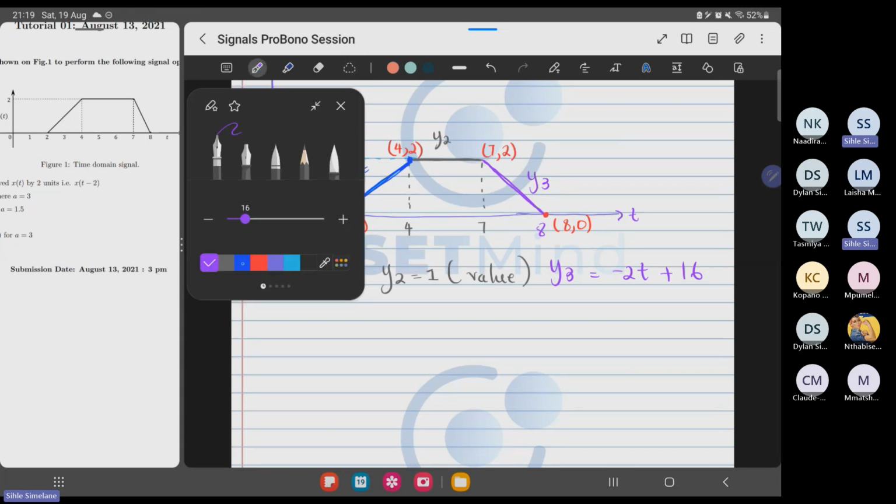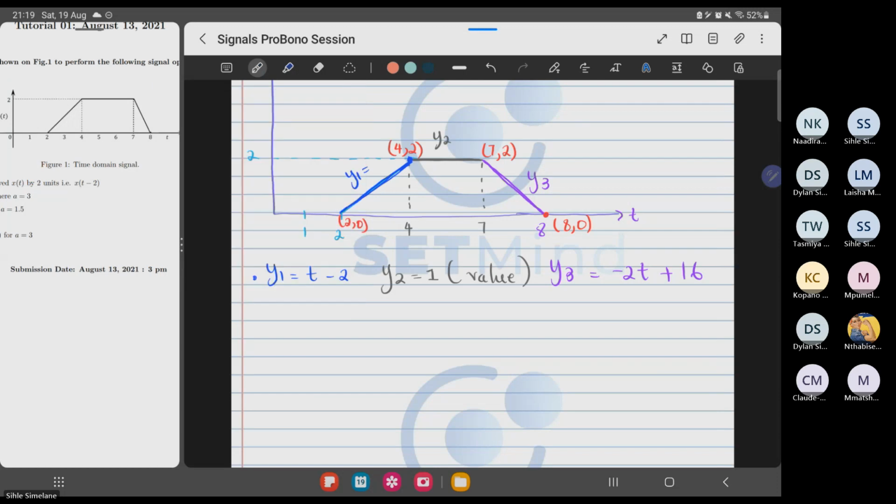So our x of t will be equal to the overall signal combined. Our Y1, look at our graph Y1. This graph is there between t is 2 and t is 4. So my graph Y1 is between u of t minus 2 and 4.